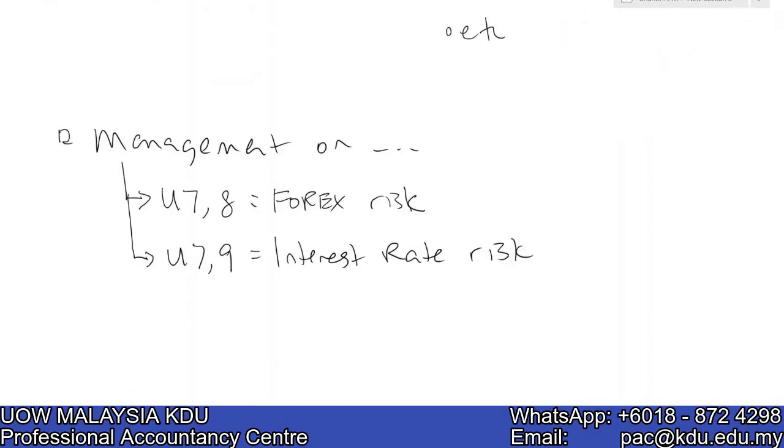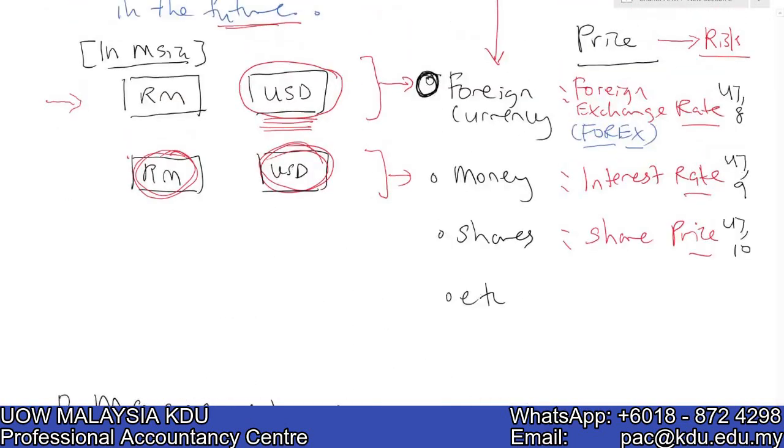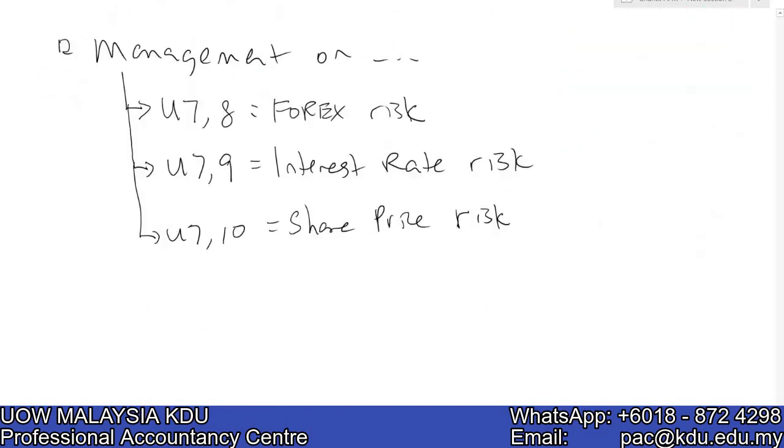And finally, we have chapters 7 and 10 that will cover the management of share price risk. So these are the 3 types of risks that we have highlighted casually, and I am listing them down here: management of the 3 categories of risk.